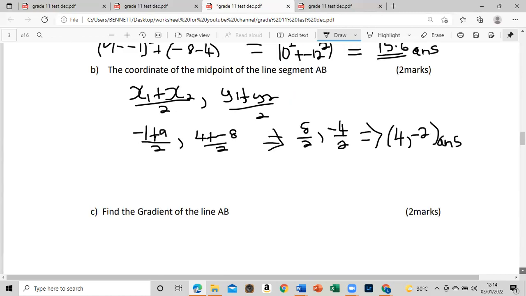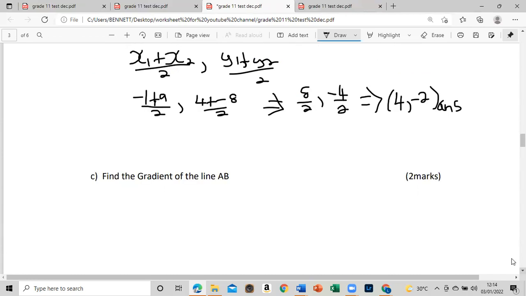So let's find the gradient of the line. The gradient is y2 minus y1 over x2 minus x1. Let's put things in perspective.